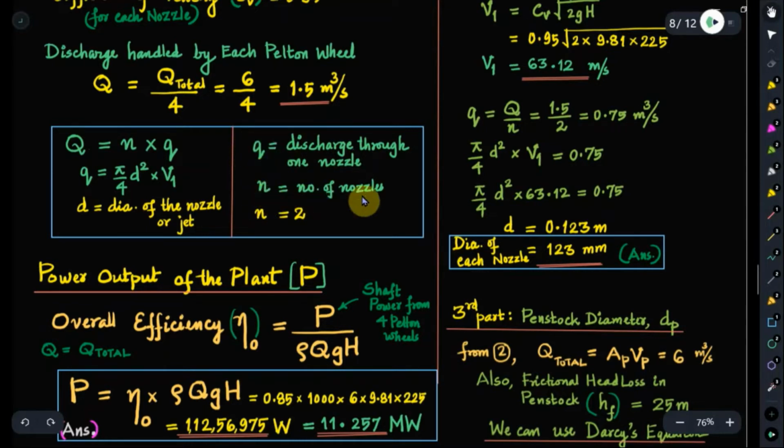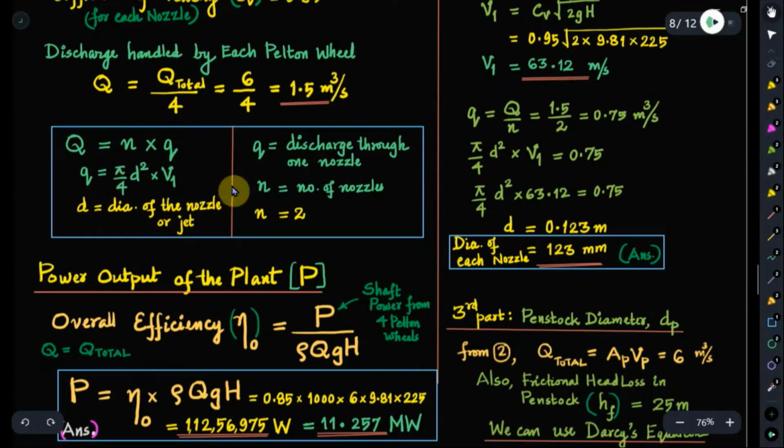Here the number of nozzles, we know that n is equal to 2. The discharge through a single jet or through one nozzle is equal to the area of the nozzle multiplied by the actual velocity of flow through the nozzle, or the actual velocity of the jet. Where d is the diameter of the nozzle or the jet, we can write pi by 4 d square into V1 as the discharge through one jet.